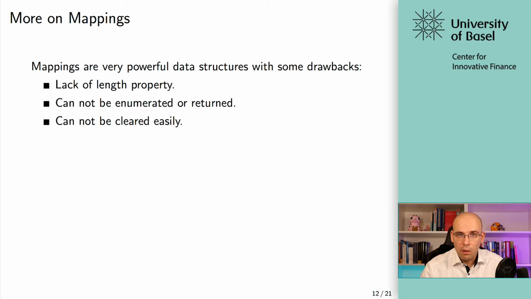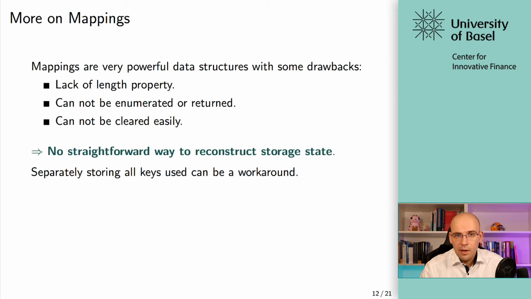You always have to ask for specific keys to get a certain value. And also these mappings cannot be cleared easily when you want to set everything back to zero, let's say. So there is no straightforward way to reconstruct storage state, but what you can do, and this is done in many cases, is separately store all keys that have been used, and that's a workaround in that case.